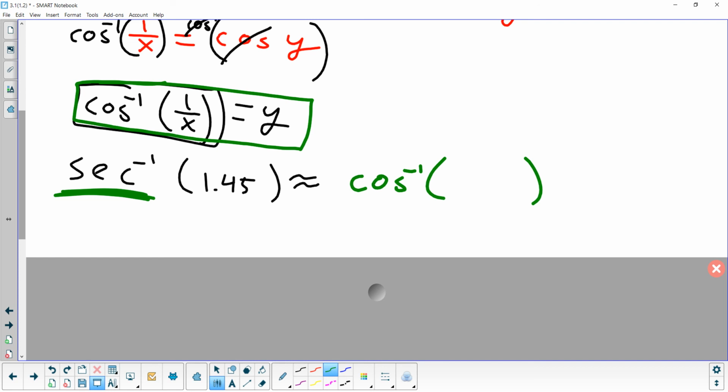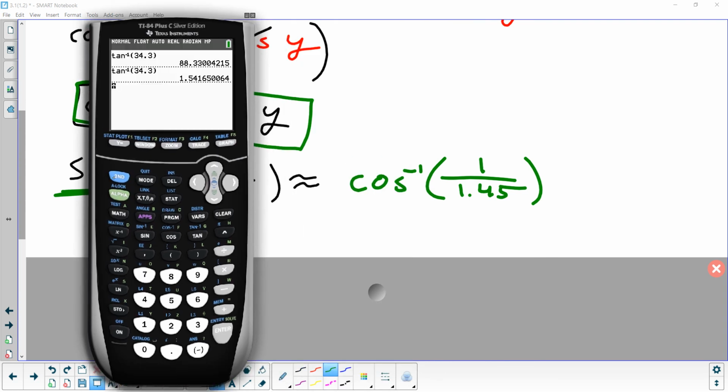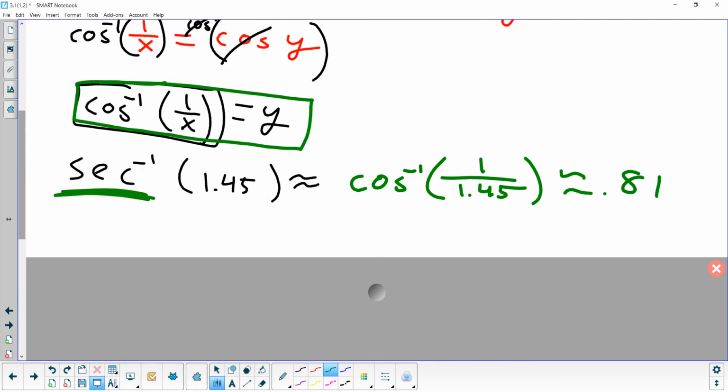You flip it. So it's going to be like this. That is how you type that in on a calculator. Typing it in, that's the easy part. So inverse cosine of 1 divided by 1.45. That's 0.81. I'm not going to do it in degrees and radians. We did that earlier. You could change the mode and do it in degrees, or convert that, whichever way you want to do it.